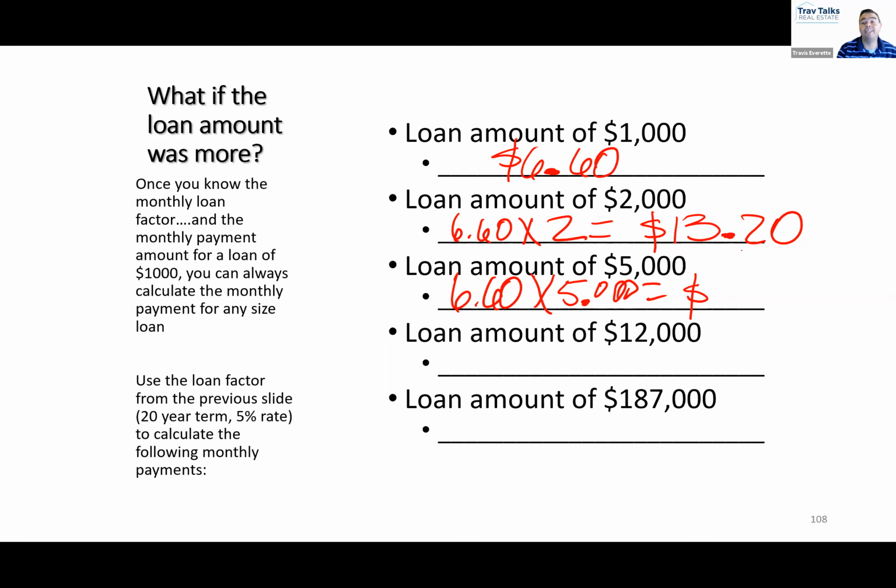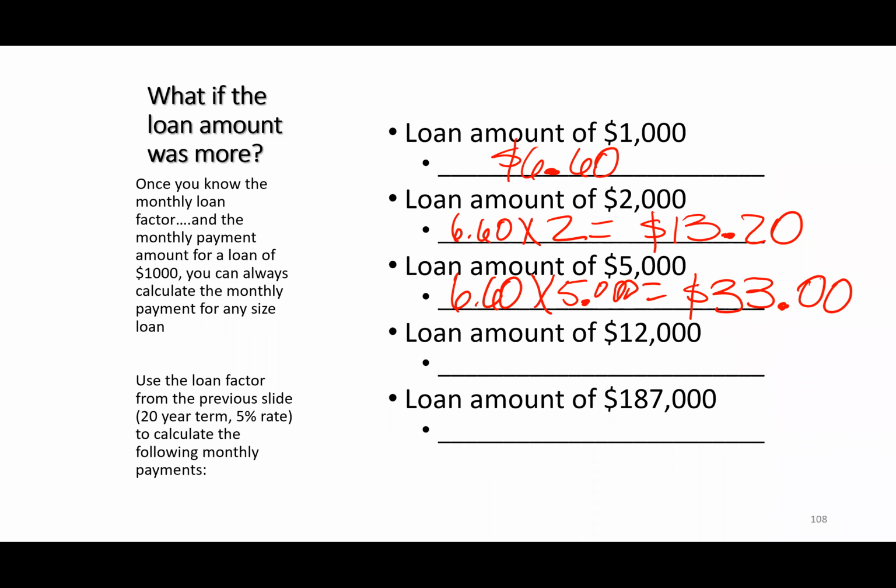Y'all better learn to read. $33. You better start paying attention to those decimals. You can't just throw numbers in the calculator and not pay attention to decimals.